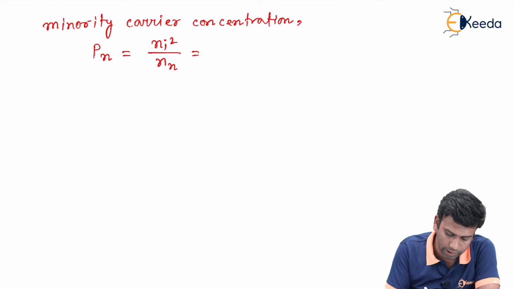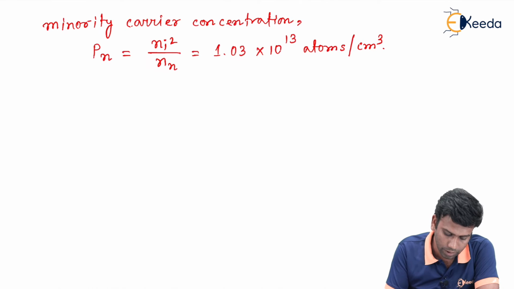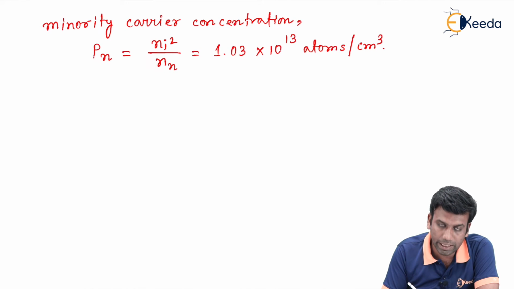We know the value of Ni, which is given in the problem, and the Nn value we have derived. So after putting those values we will get 1.03 into 10 to the power 13 atoms per centimeter cube. So this is the minority carrier concentration in the N-type compensated semiconductor.